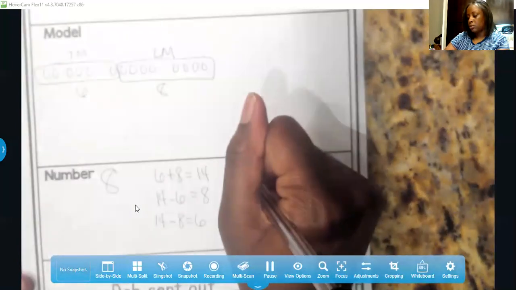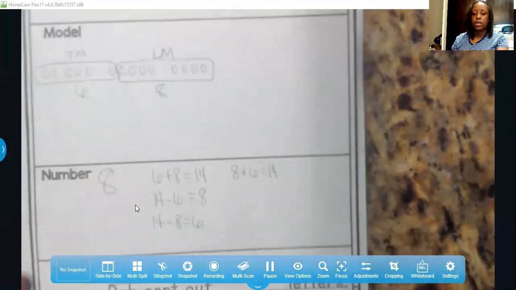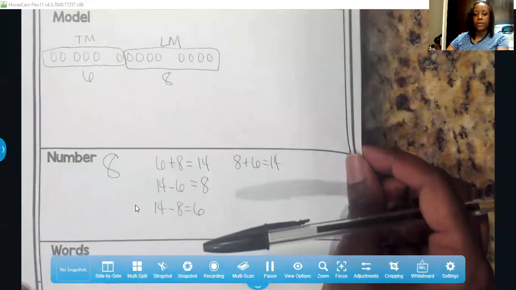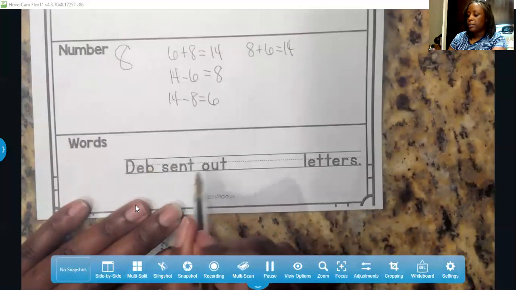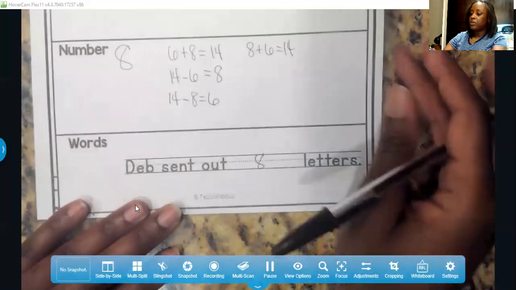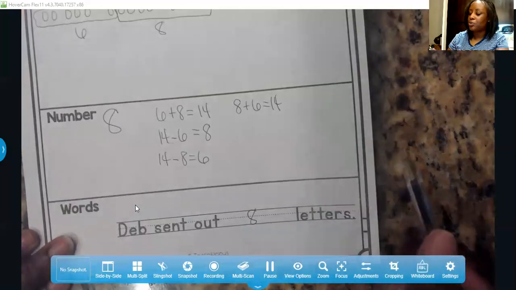And also 8 plus 6 equals 14. These numbers all go inside of a fact family. And then we always write words to answer our questions. Deb sent out 8 letters. If you got 8, patch those on the back, because that is the correct answer.